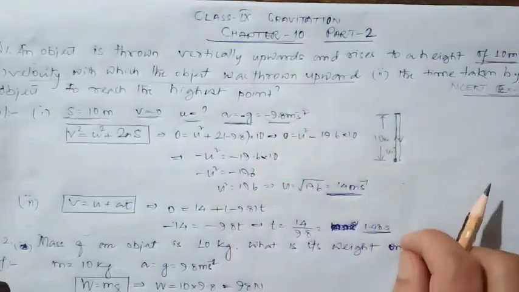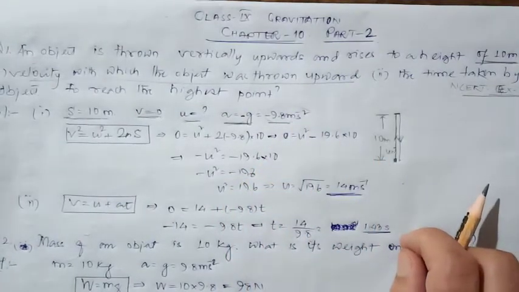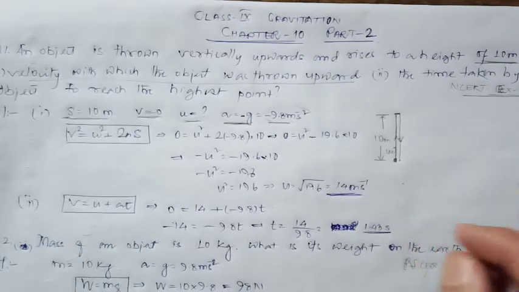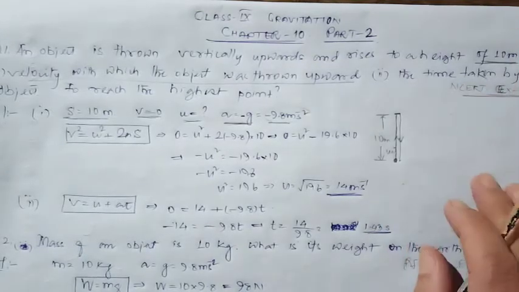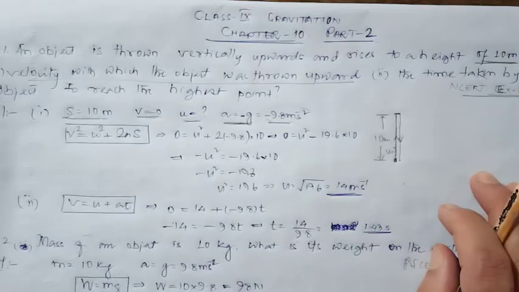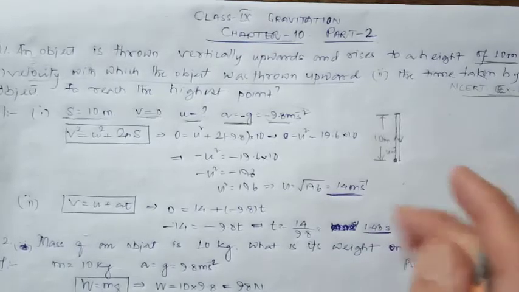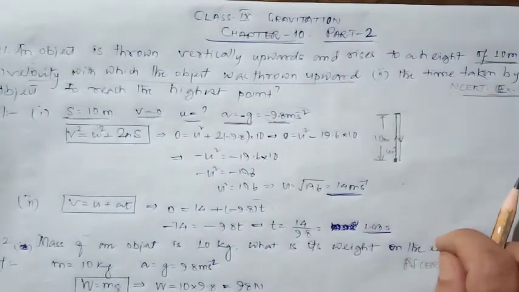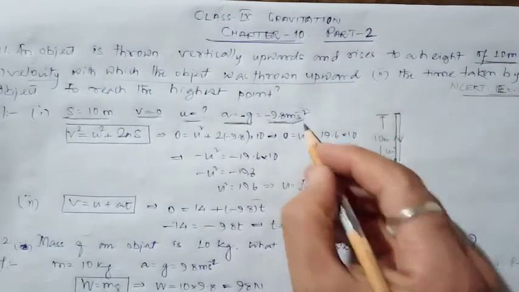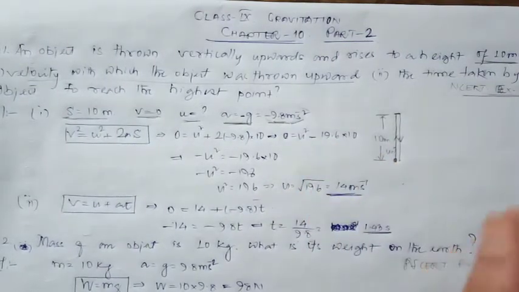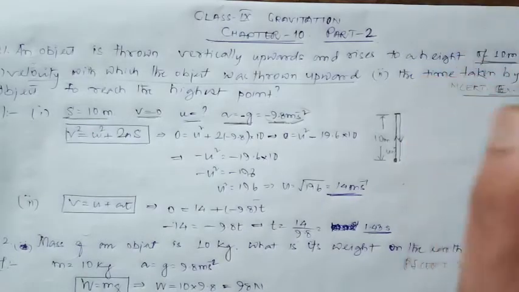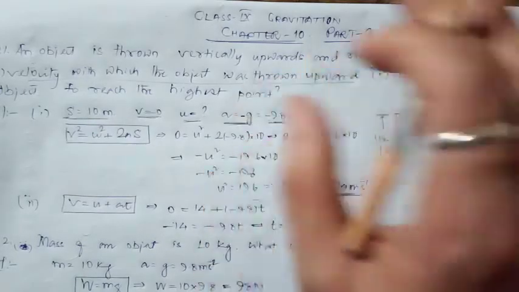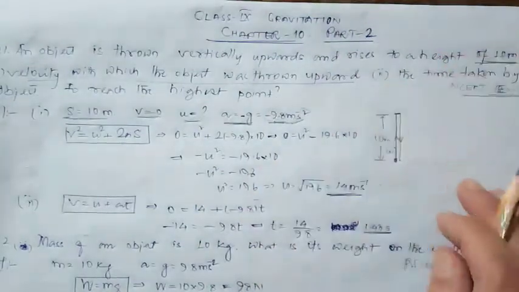Students, if you throw any object vertically upward, or if you drop any object vertically downward, the body accelerates at a constant rate of 9.8 meters per second square. The body's acceleration does not depend upon the mass, whether you drop a small pin or a heavy metallic ball or anything.